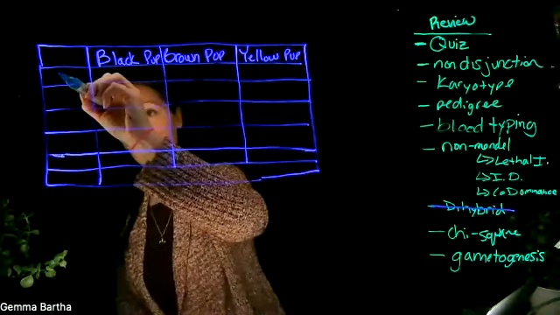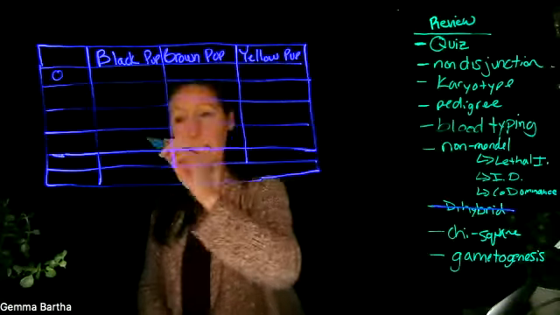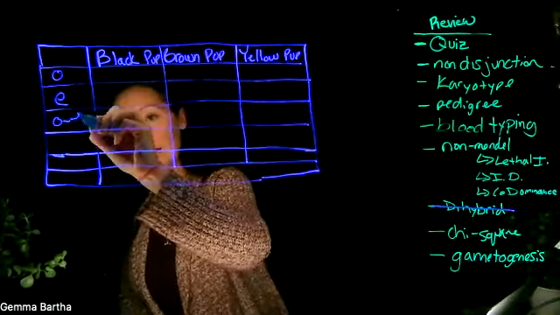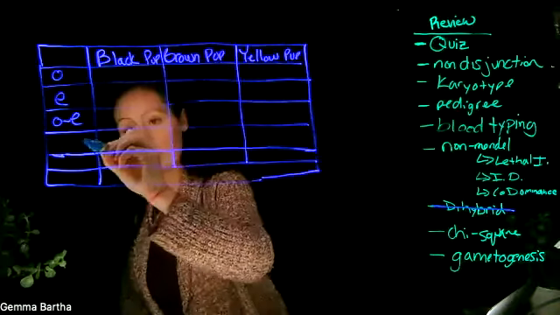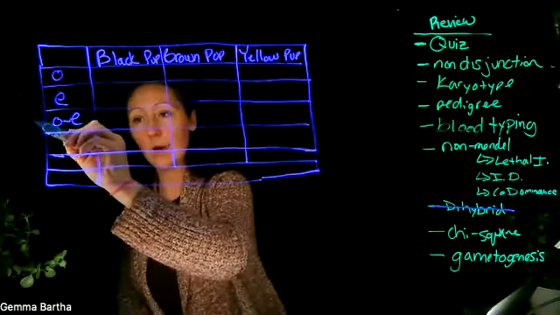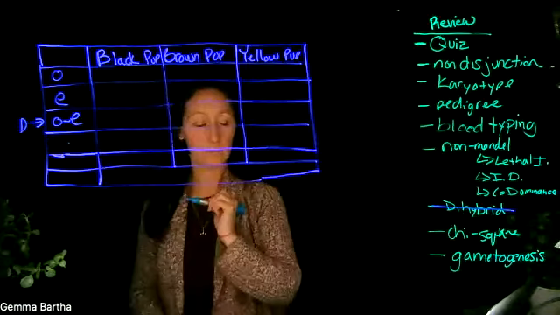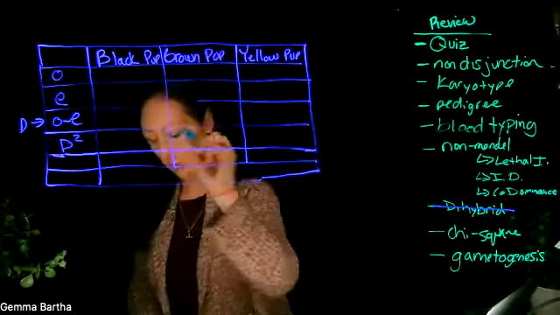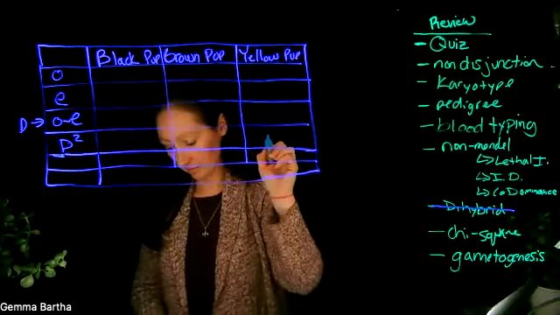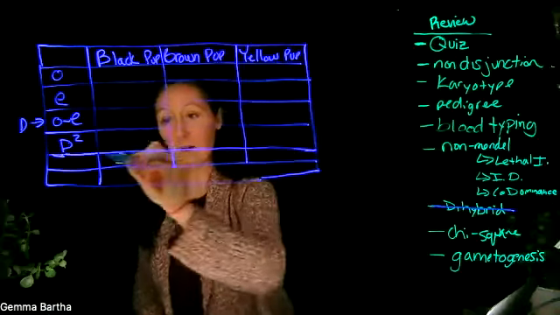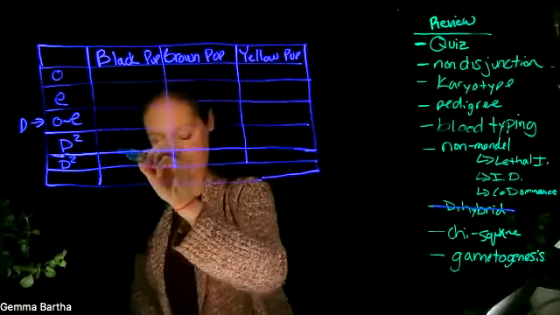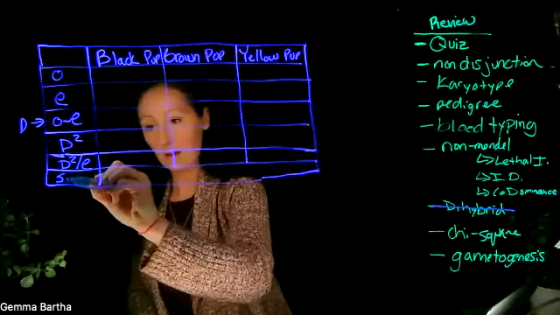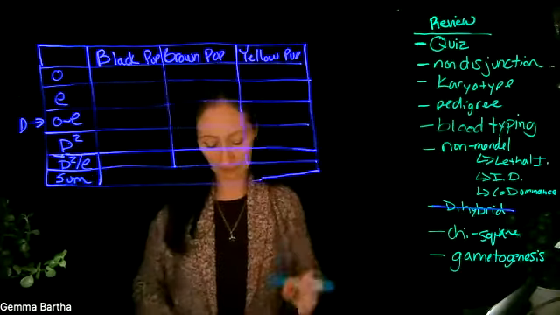Okay, so this is our O, excuse me, our E, O minus E, which I'm going to tell you, O minus E, that's D. Then we have D squared, D squared divided by E, and the sum.